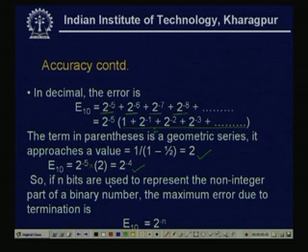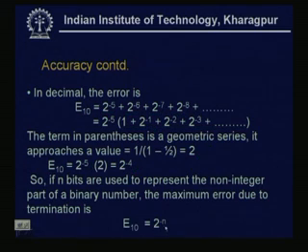So, if n bits are used to represent the non-integer part of a binary number, then the maximum error due to termination is E10 equal to 2 to the power minus n. That means, here 4 is replaced by n in general cases. So, this is what we are telling about the accuracy of a number when it is converted from decimal to binary.